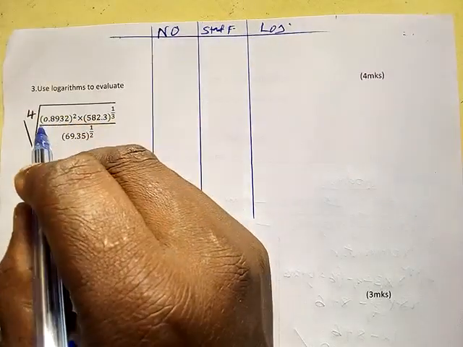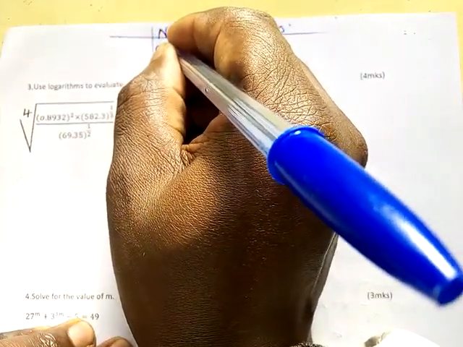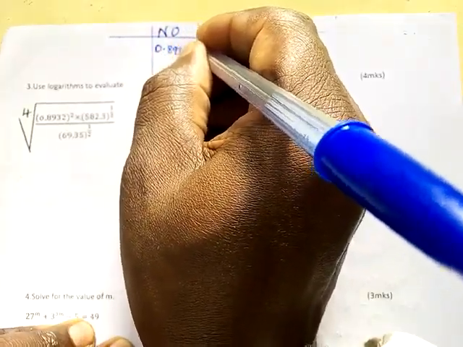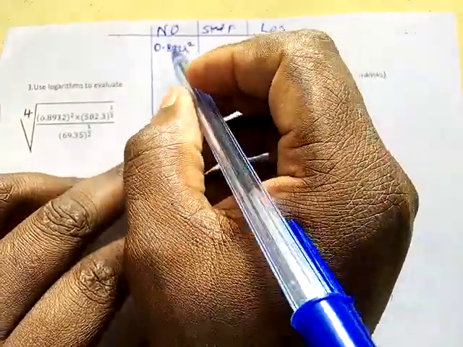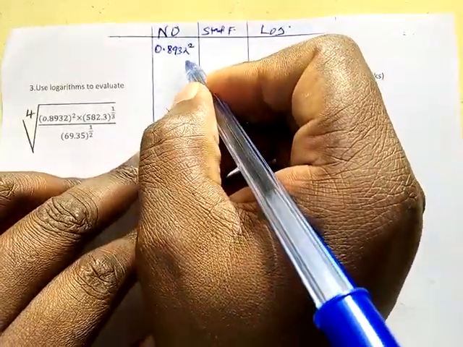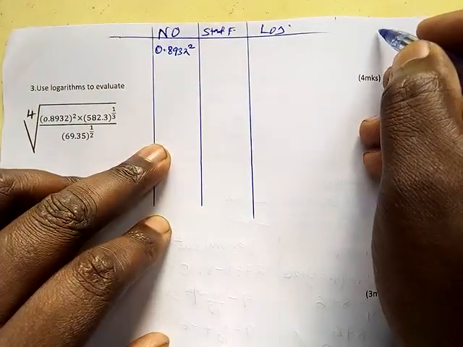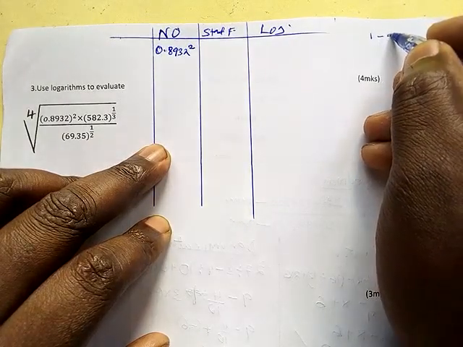So the first number here is 0.8932 squared. How do we write this number in standard form? A number is in standard form if its first part is a number between 1 and 9.